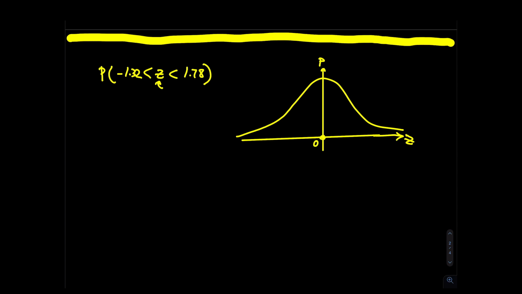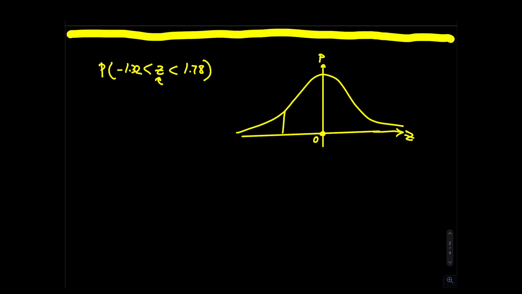So basically the question says find a probability, well, that means find the area under this curve between negative 1.32, which is obviously on the left side, to 1.78. So basically we're talking about, give me that area. How much is that? Or what is that probability? Same thing. So how would we find this on Excel? And how would you calculate it out?